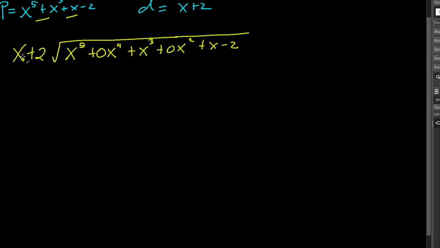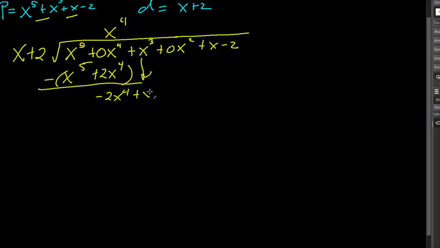All right, what do I multiply x by to get x to the fifth? By x to the fourth. So I multiply that, I get x to the fifth plus 2x to the fourth. And I subtract. That goes to 0, and this will go to negative x to the fourth. I'll bring this down, plus x cubed. What do I need to multiply x by to get negative 2x to the fourth?